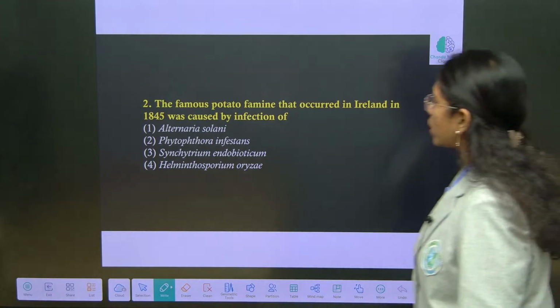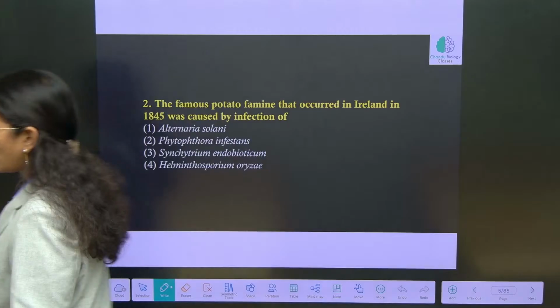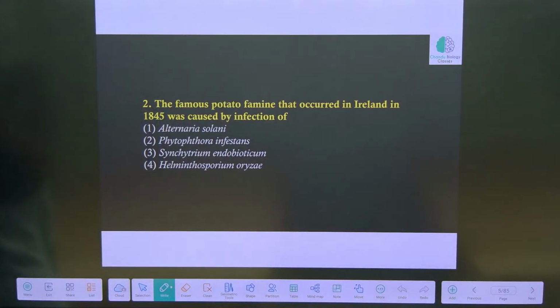The famous potato famine that occurred in Ireland is caused by what infection?